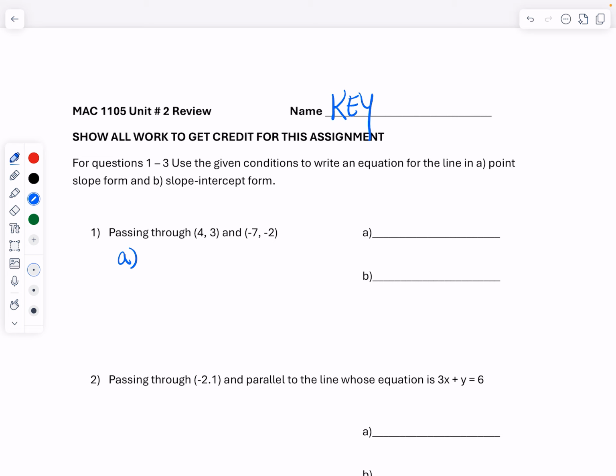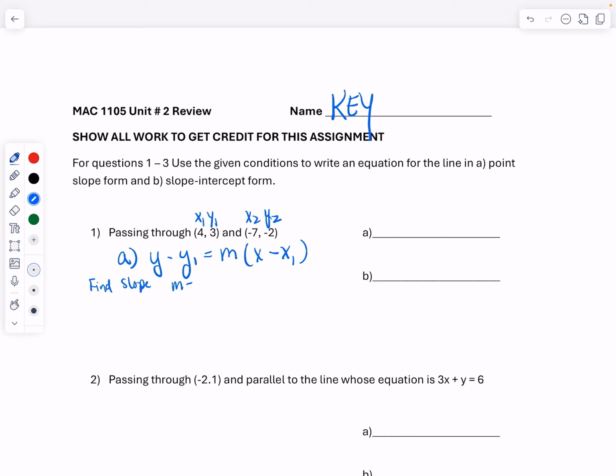Point-slope form is y minus y1 equals m times x minus x sub 1. Now I have 2 points here, so I'm going to call (4, 3) x sub 1, y sub 1 and (-7, -2) x sub 2, y sub 2. The first thing I have to do is find the slope.